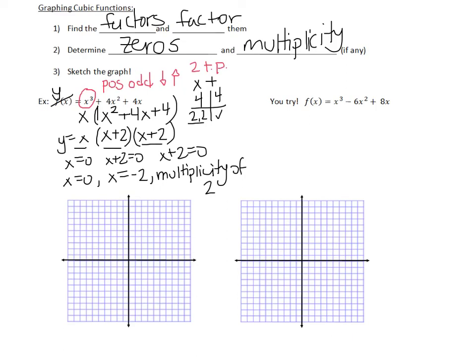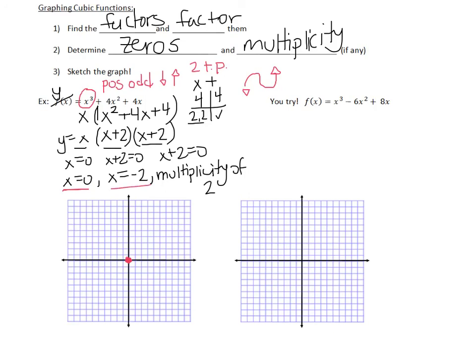All right, so I know that my graph, I'm going to sketch it over here. I know my graph is going to look something like this, but I need to make sure that I go through this 0. So I'm going to put a point there, x equals 0. I'm going to go through that one since it has a multiplicity of 1.